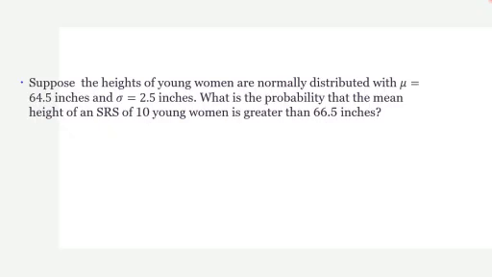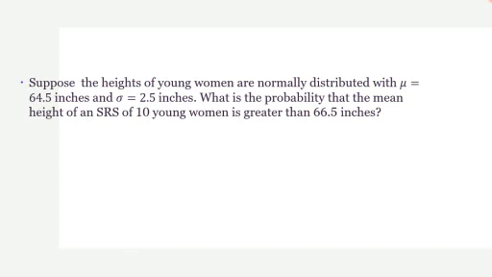So we're trying to find the chances that if you select 10 young women at random, their average height would be 5'6.5" or taller. Okay, so that's what we're trying to find.